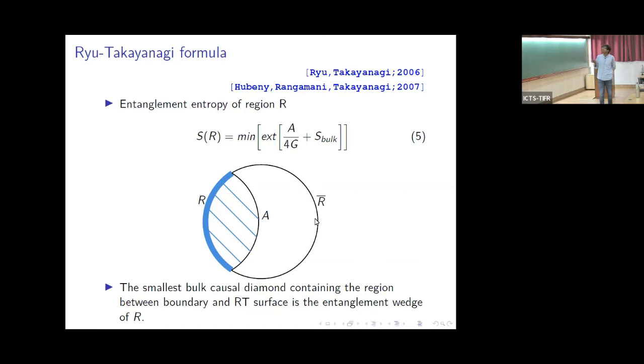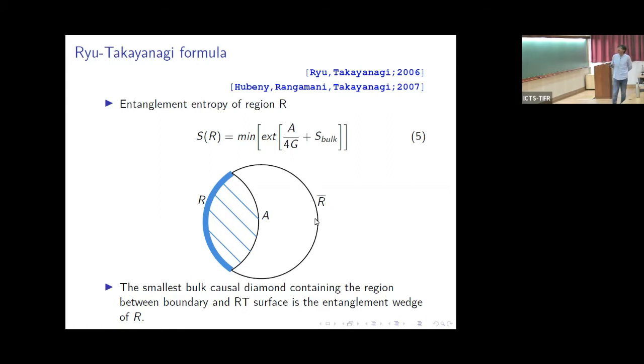They had a formula with which you can find the entanglement entropy of this region R. Here A is the area of some surface which is anchored at the boundary of R, and S bulk is the free field entanglement entropy in this dashed region. We have to make a choice of our surface such that this whole expression is a minimum.